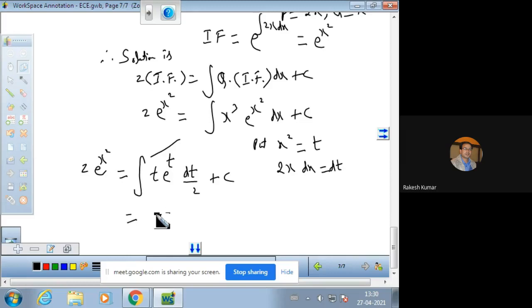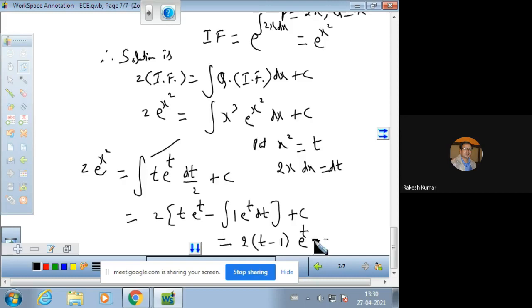Now do integration by parts, and the integration again comes out to be t e raised to power t minus 1 e raised to power t dt plus c. So this is t minus 1 into e raised to power t plus c.